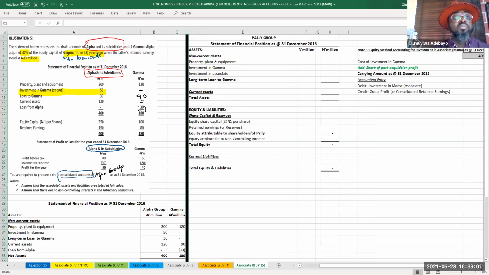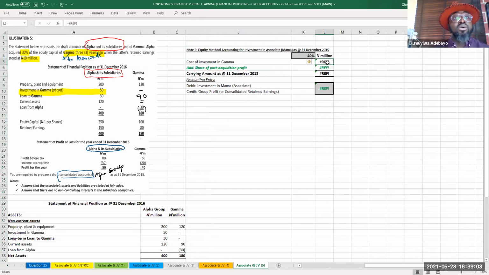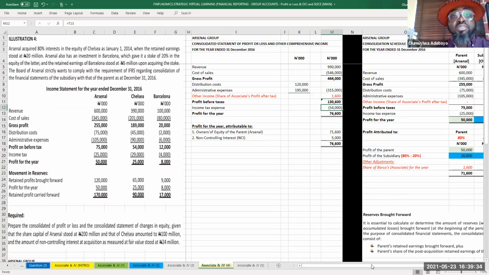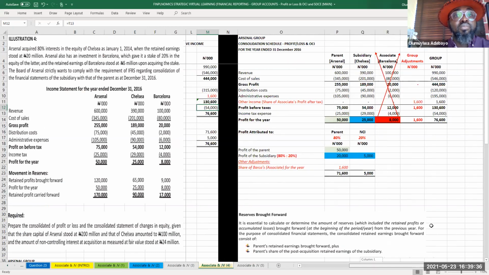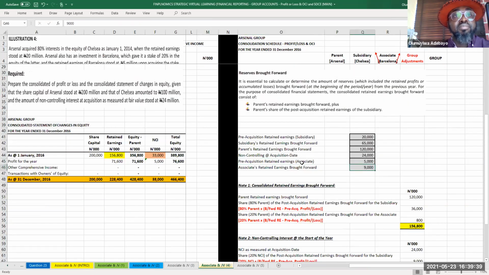What is my cost? My cost is 50 million. Yeah. Okay. Now, what is the stake I have in gamma? 30%. Okay. What is my share of profit in gamma? I'll ask myself, what is my post-acquisition profit in gamma? Now, I'll borrow something from here. This information here.